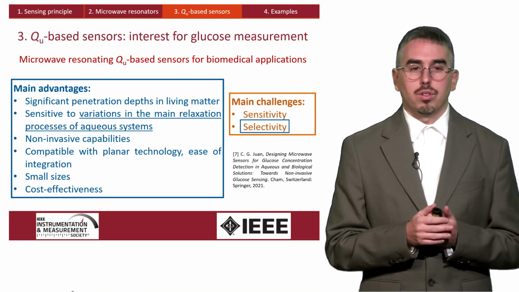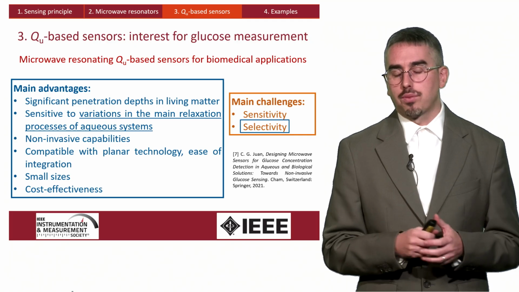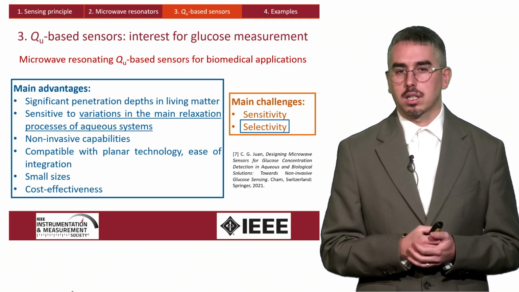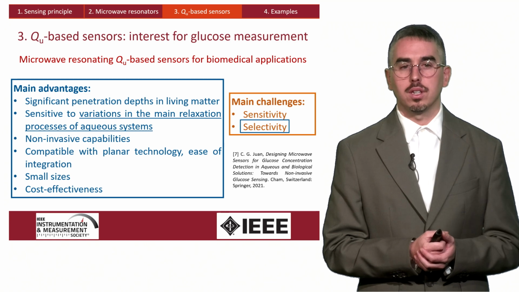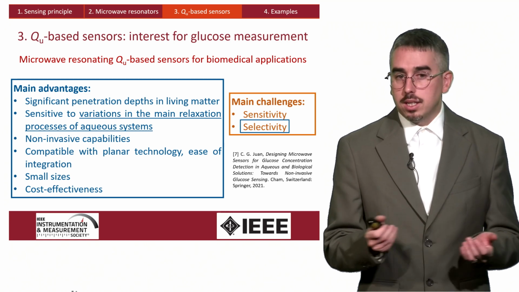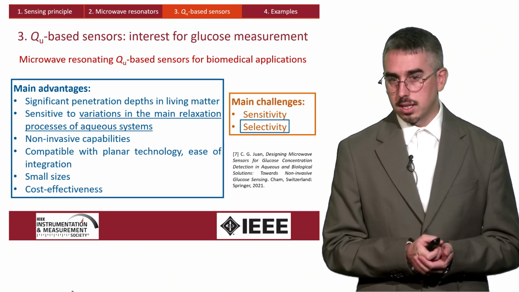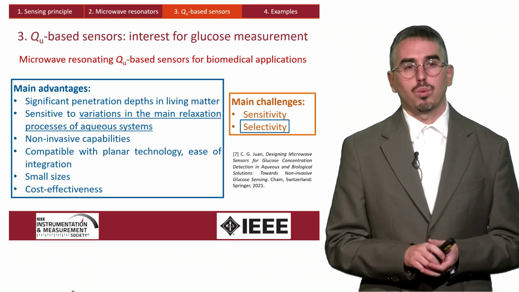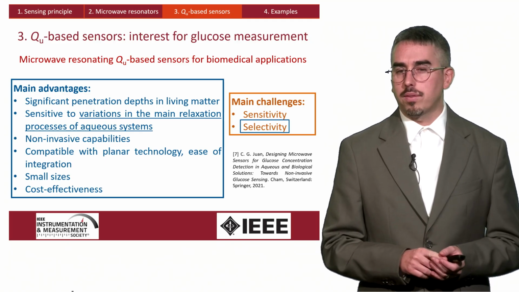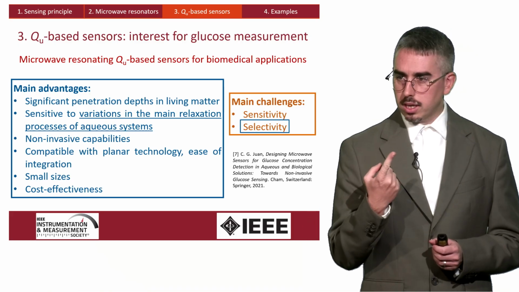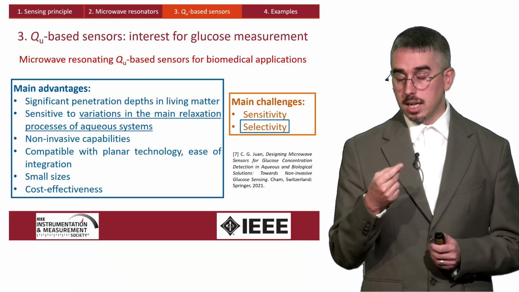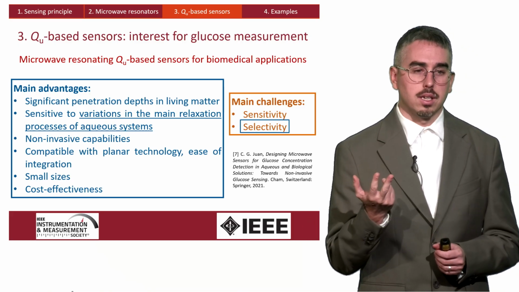In addition to usual benefits from microwave circuitry, such as compatibility with planar technology, ease of integration, small sizes, and cost effectiveness. These sensors will face in the near future two main challenges: increasing the sensitivity and increasing the selectivity.